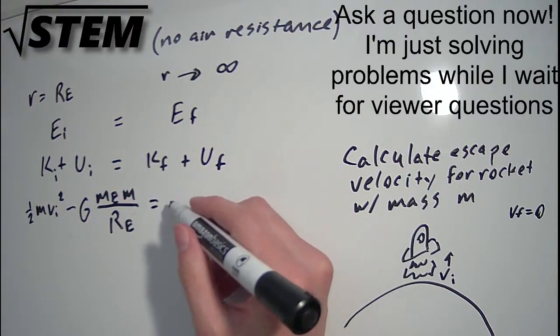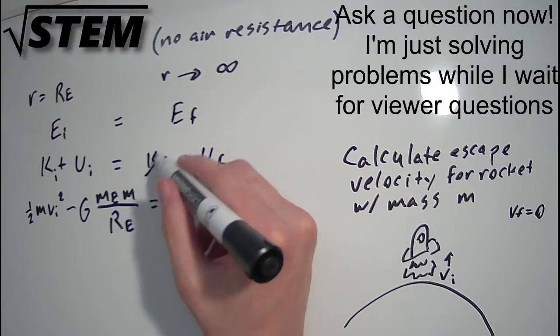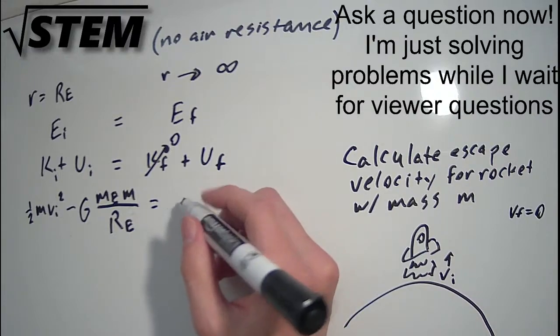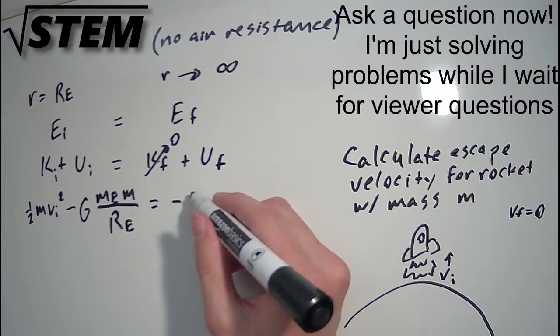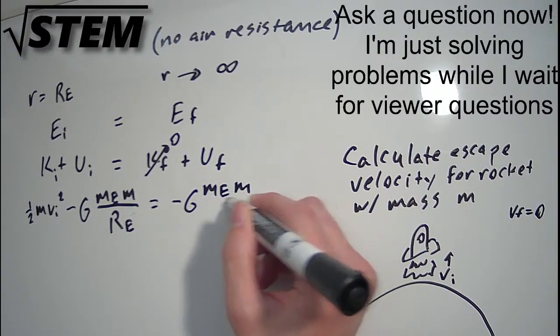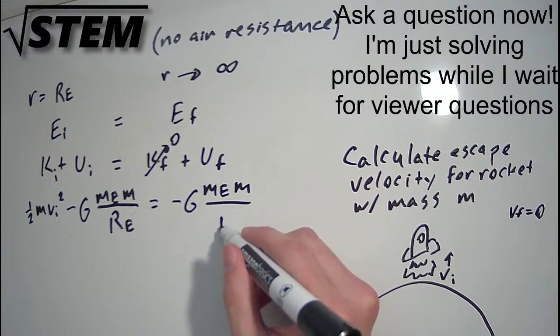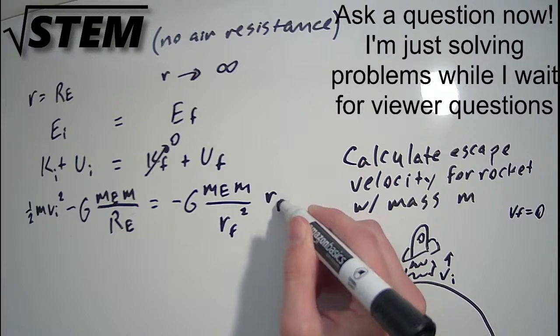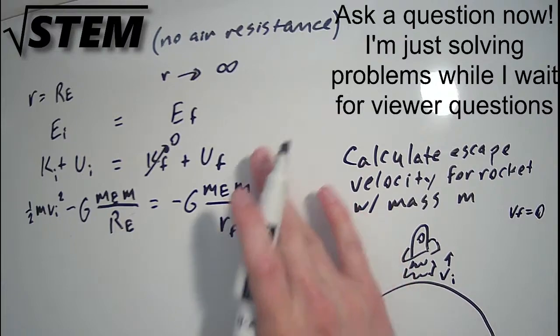Then at the end, our kinetic energy will be 0 because we said we'll have 0 energy there. And keep that negative: G, mass of the Earth, mass of the rocket divided by R final squared, and we'll times it by R final, which will cancel the squared.